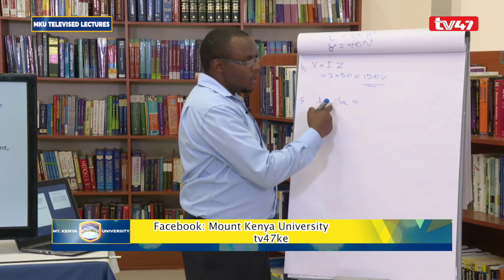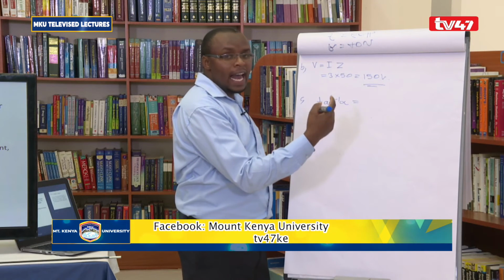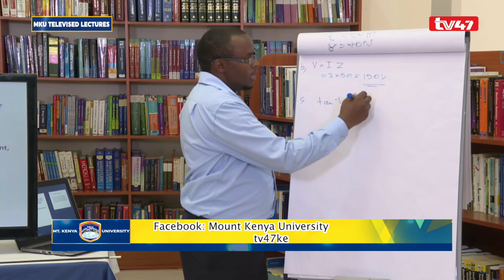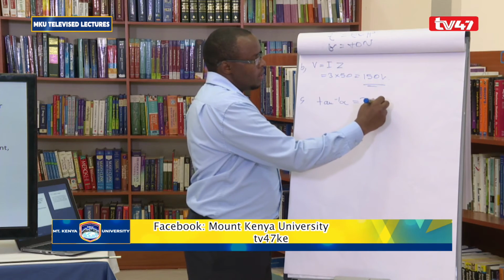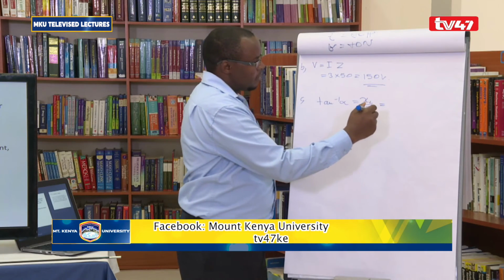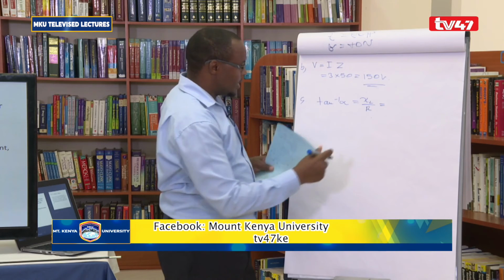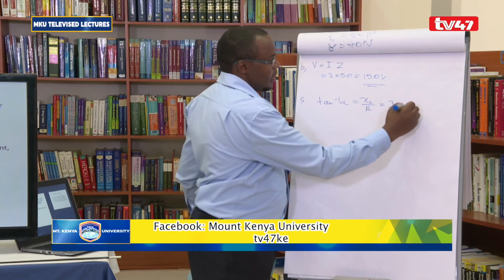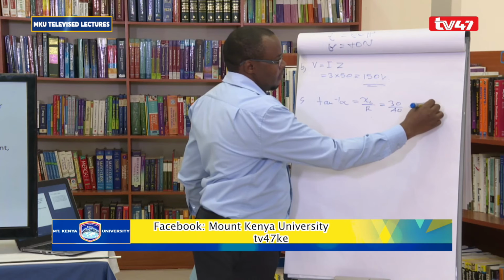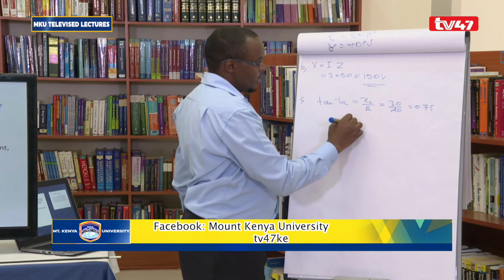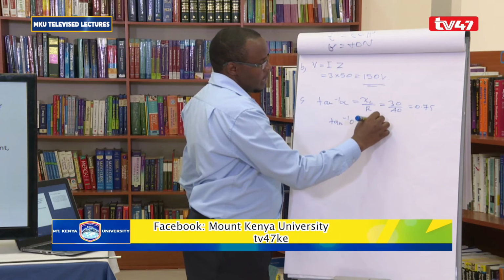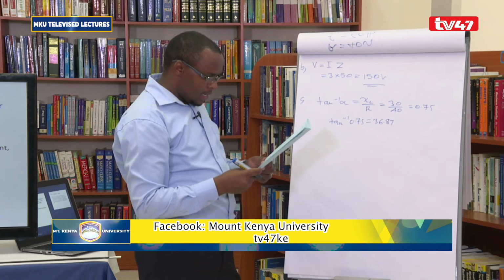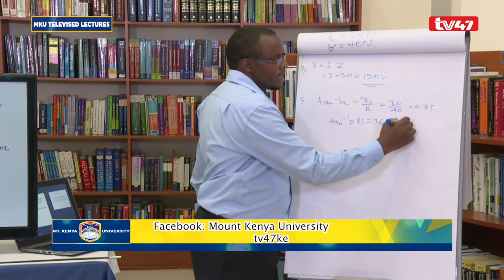you can use the tan or you can use the cos. Because you have the value of R, the value of Z, and the value of the reactance. But when you use this one, it's going to be XL over R, which we have seen was 30 over 40, and therefore this becomes 0.75, and of course tan inverse of 0.75 is going to be around 36.87 degrees, and this is leading.